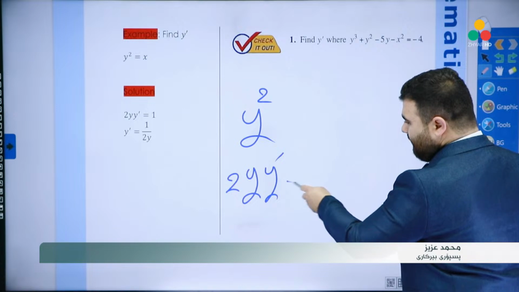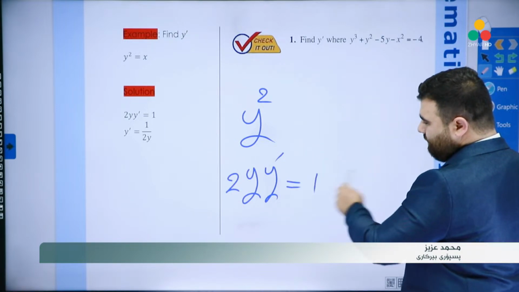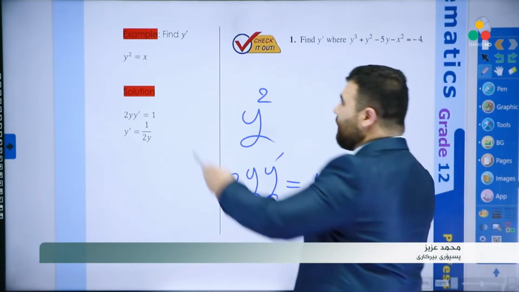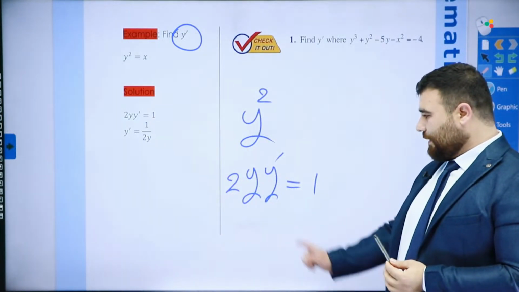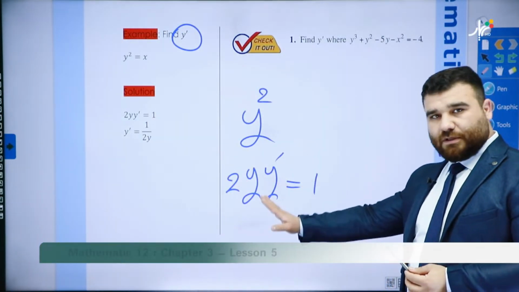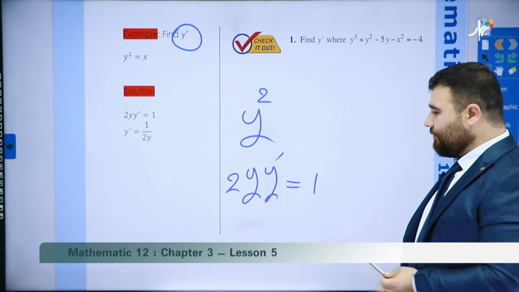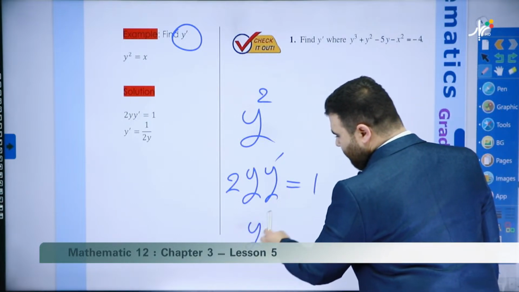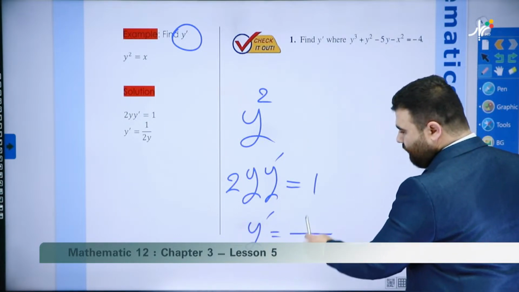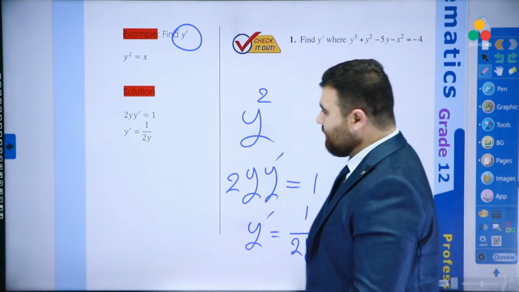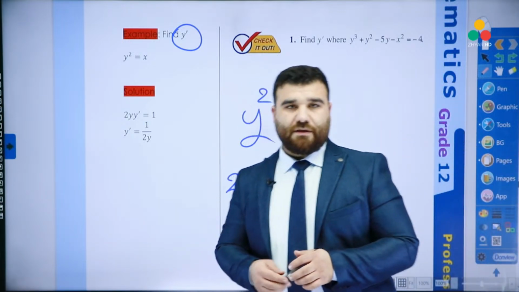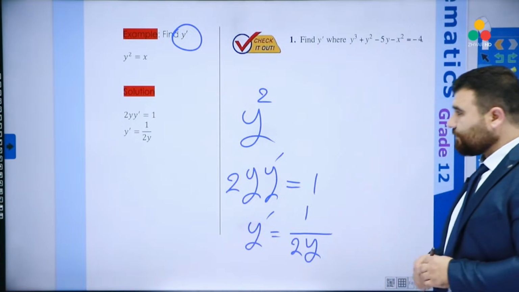Equal, derivative of x is 1. Now, if I want to find y prime, I should make y prime alone. Then in order to keep this y prime alone on this side, I should divide by 2y. So y prime is equal to 1 over 2y. Then this is the answer. That's how we do it.